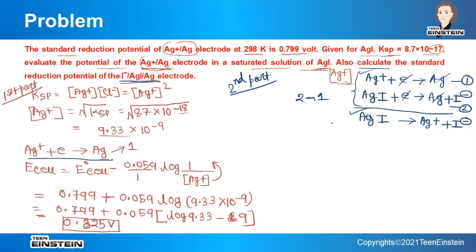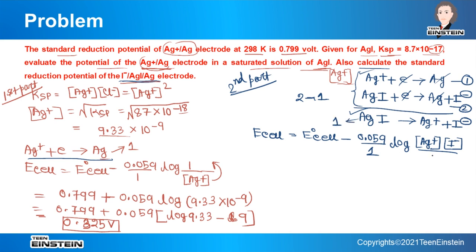Now we will write the Nernst equation. Minus, only one electron. On the product side we have Ag+ and I-, and on the reactant side it is simply AgI, so it will have concentration 1. Fine.